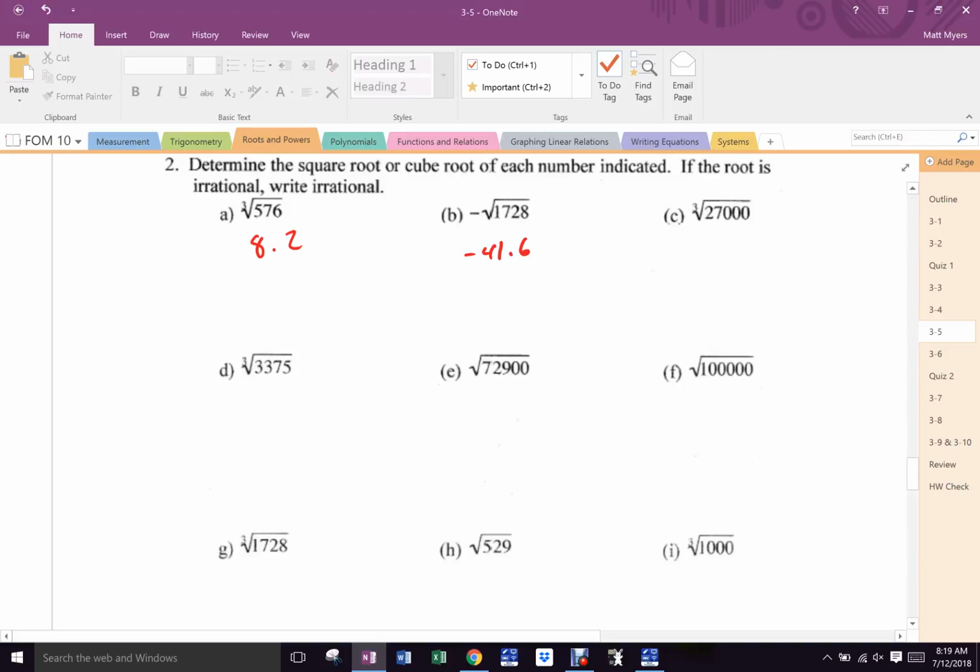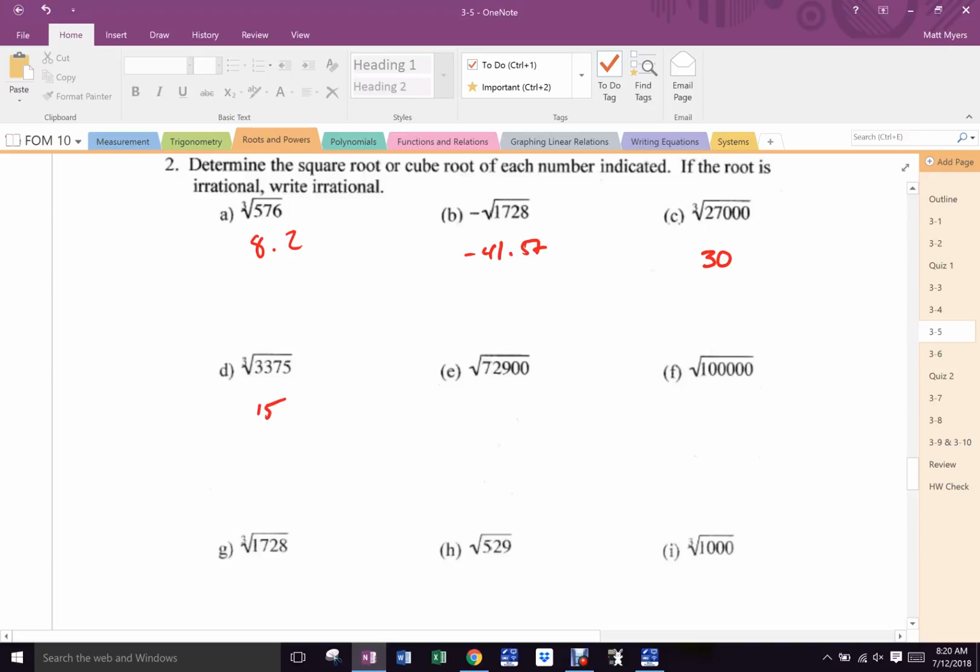I said 2 decimal places. 5, 7. Okay. Sorry, ladies and gentlemen, that's my fault. The cube root of 27,000 is 30. Cube root of 3,375? 15.